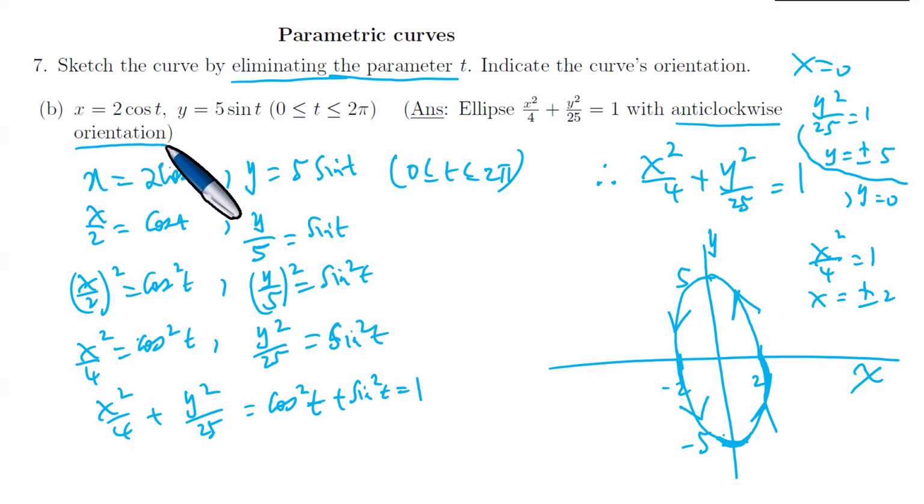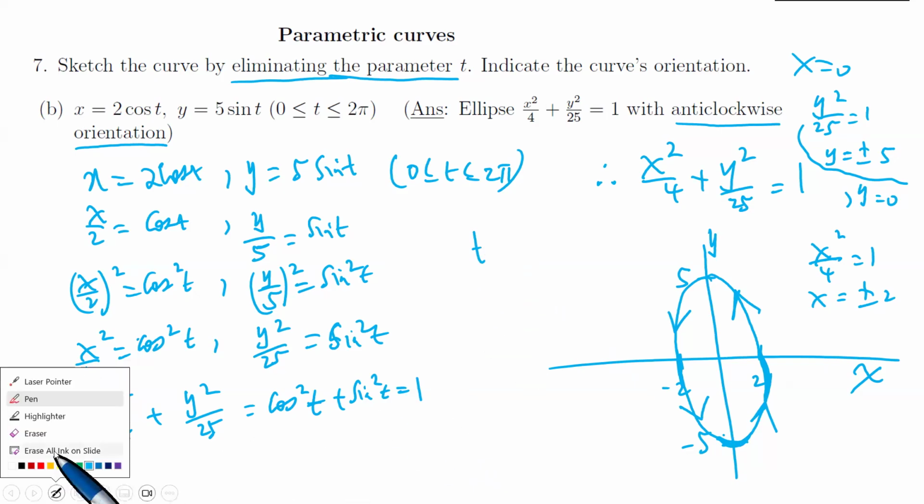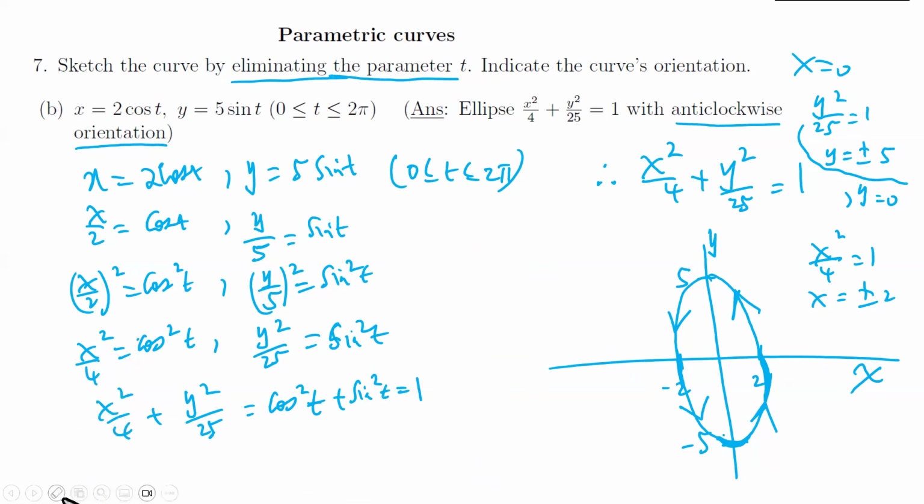It's going to have what you call an anti-clockwise orientation, because as t runs from 0 to 2 pi, y increases, and at the same time, x decreases. How do we see that x decreases? Well, you need to substitute some values, like t runs from 0 to 2 pi.